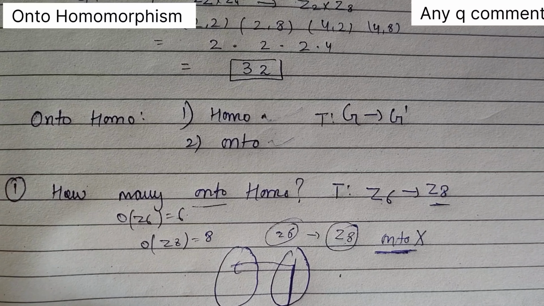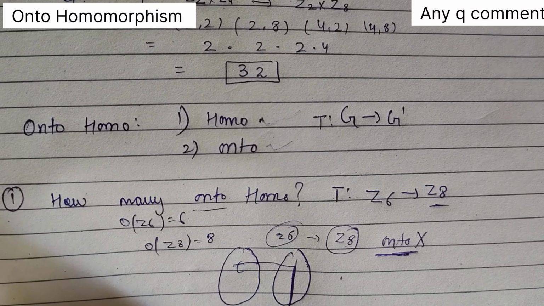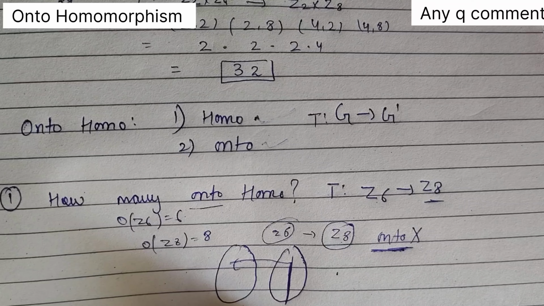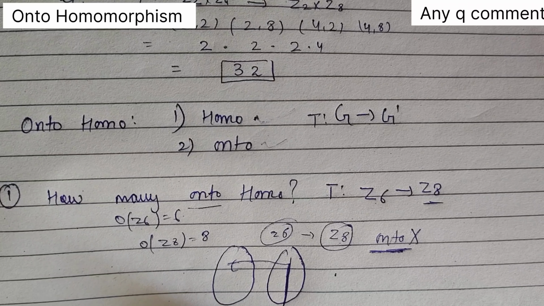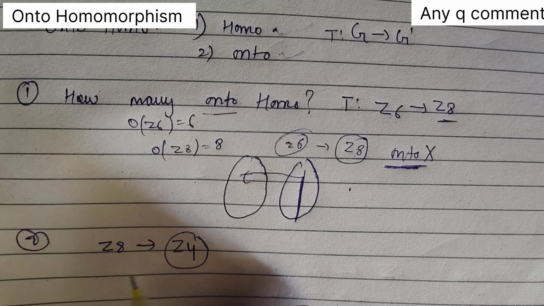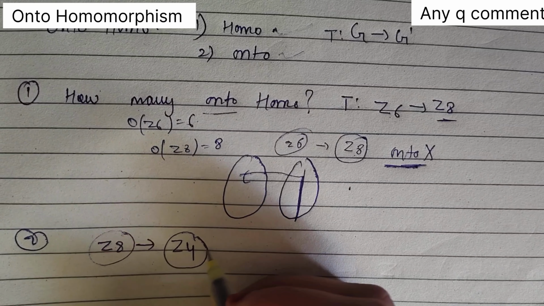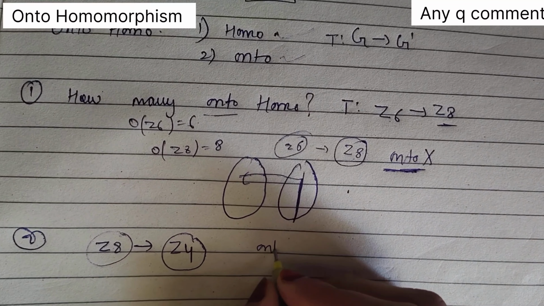Second, take an example of onto homomorphisms from Z8 to Z4. Clearly the order of Z4 is 4, and the order of Z8 is 8. Since the order of Z4 is less than the order of Z8, we can think of an onto homomorphism.